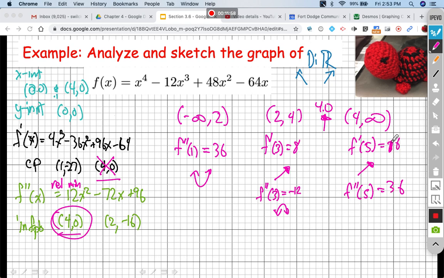This one's 36. That's concave up. So this is indeed an inflection point. It switches its concavity, so it is not a relative extrema. So here we're open up, we're down, we're up. We should have enough so that we can sketch this graph now.